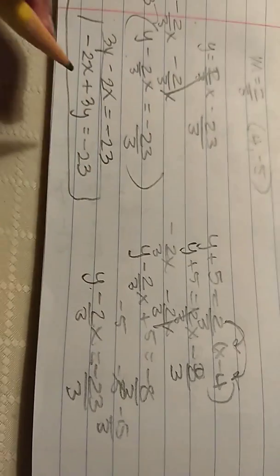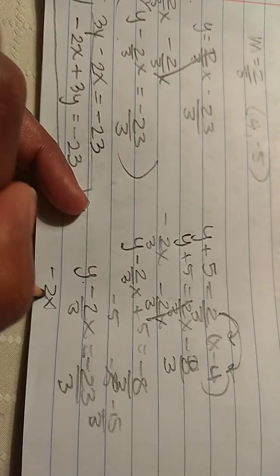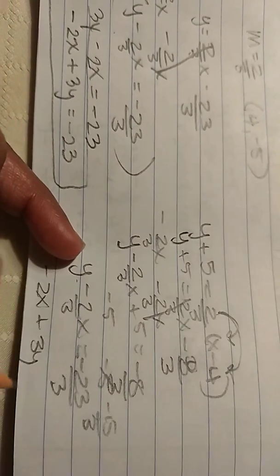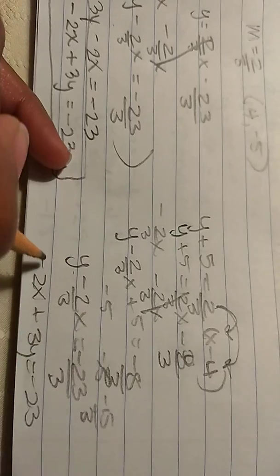Negative 8 minus 15 is negative 23 over 3. And then you have to multiply everything by 3 and rearrange, because if you notice, this looks just like this, and you will end up with the same thing. Negative 2x plus 3y equals negative 23.